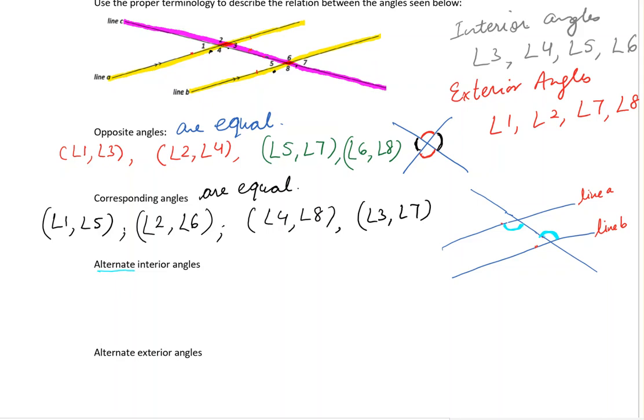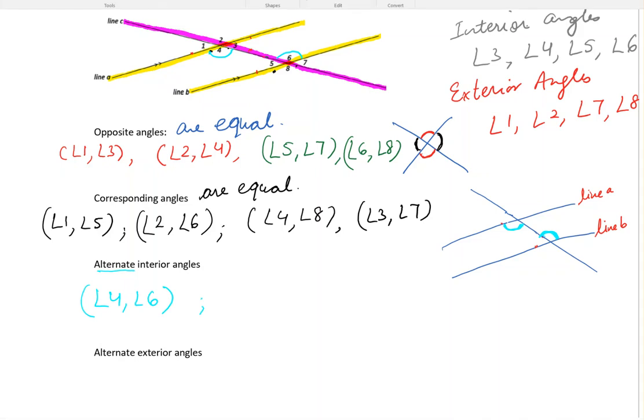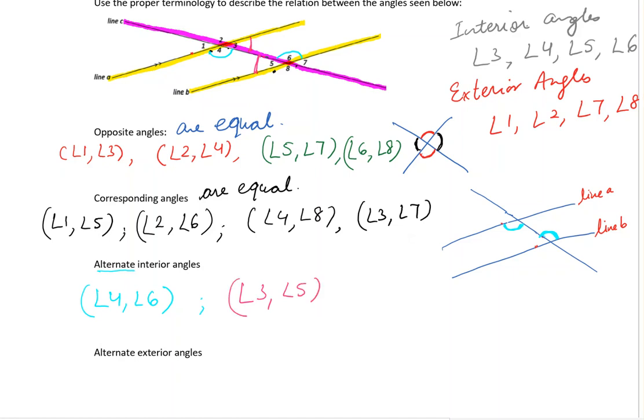If we look at the diagram, angle 4 should be equal to angle 6. This is a pair of alternate interior angles. Similarly, another pair of alternate interior angles would be angle 3 and angle 5, which should be equal.